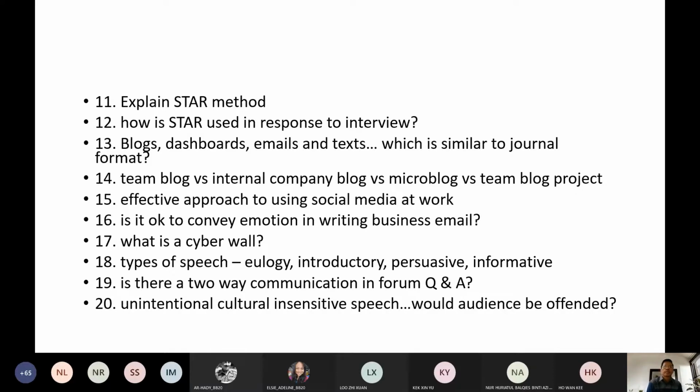When you write a business email, for example, do you want to show your disagreement in that email? This is about business correspondence using email. Is it okay if we include emotion in our text?